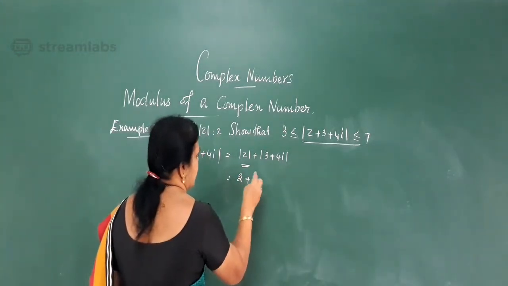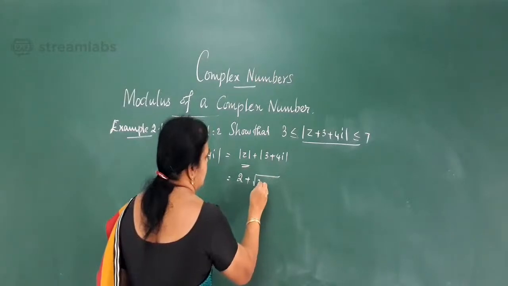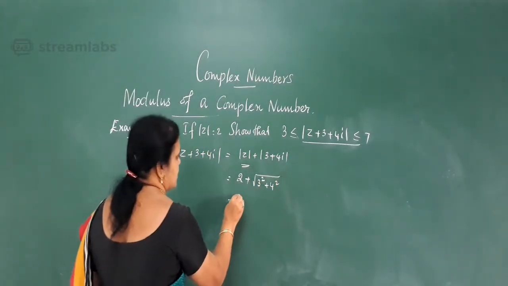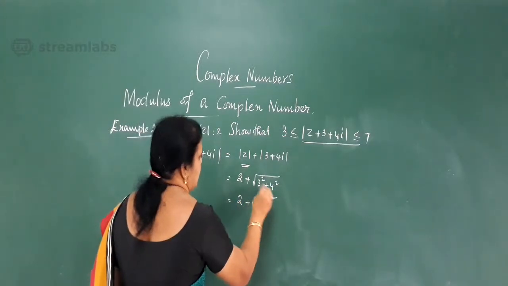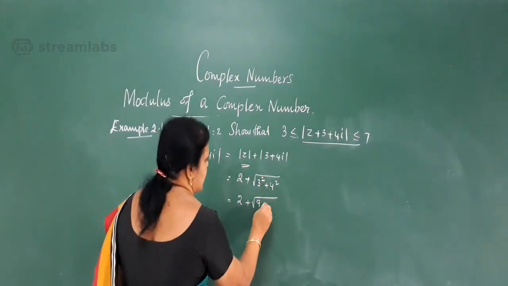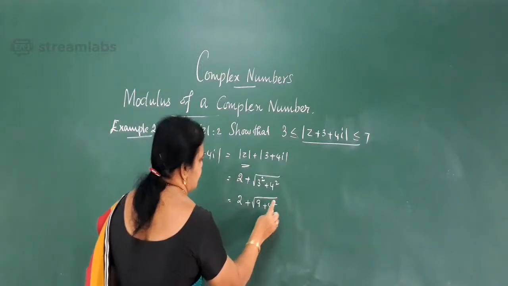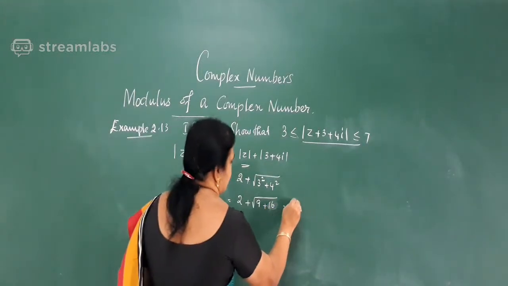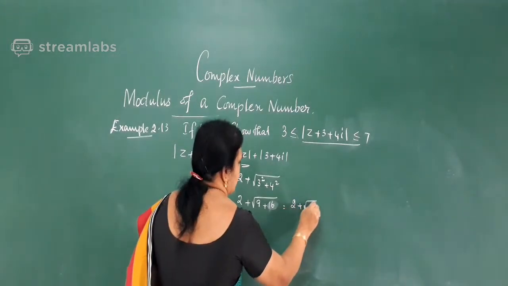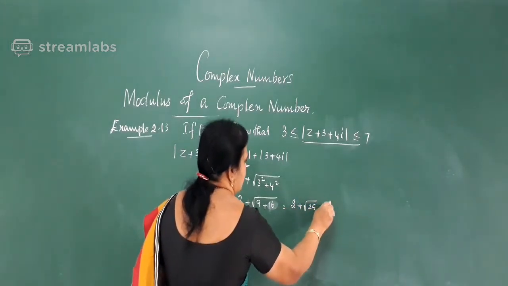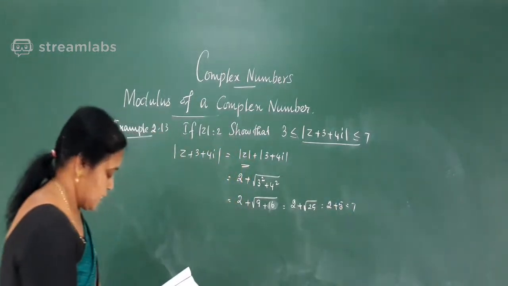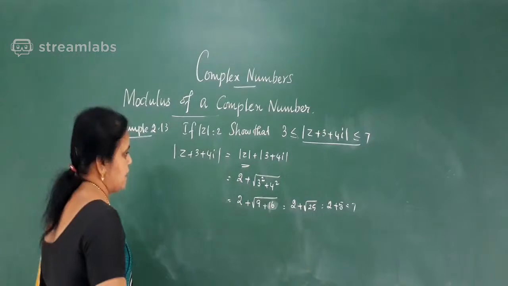So 2 plus, find this value, the modulus of the complex number 3 plus 4i, square root of 3 squared plus 4 squared. 2 plus root of 9 plus 16 is equal to 2 plus root 25, 2 plus 5 is equal to 7.